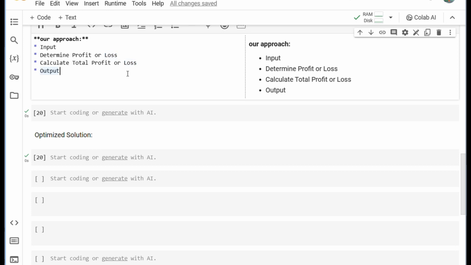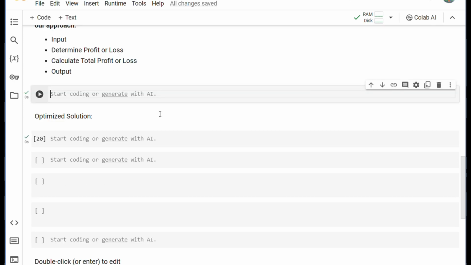And finally we print the result from step 2, which is 1 or -1, and the total profit or loss, which is calculated in step 3. Okay, so this gives us a clear indication of whether there is a profit or loss. So let's move to the code, and I'll show you the way we will code this.